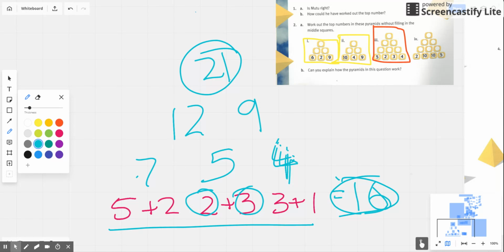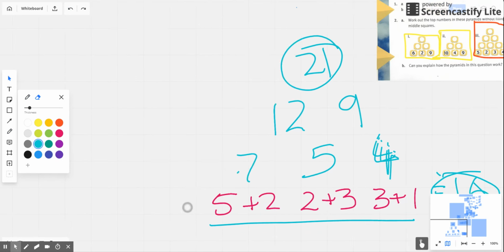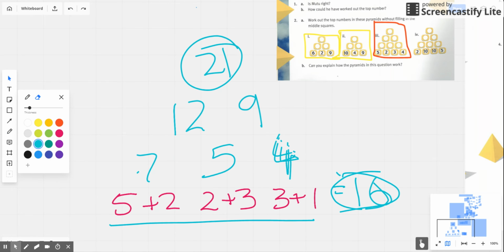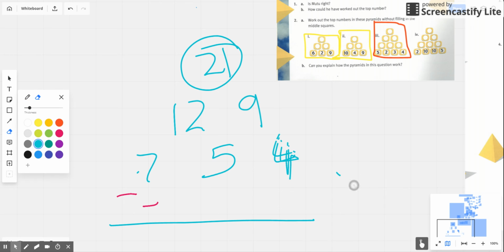So maybe the pattern isn't that we add the numbers twice in the middle. Maybe I have to add them 3 times. Let's go and have a look at this with 3 times.